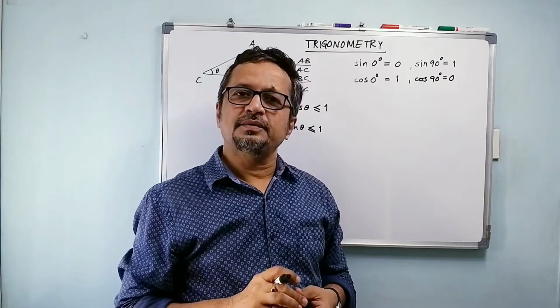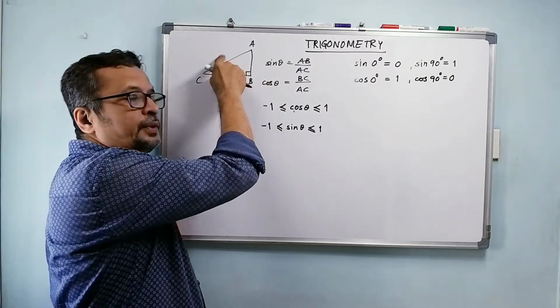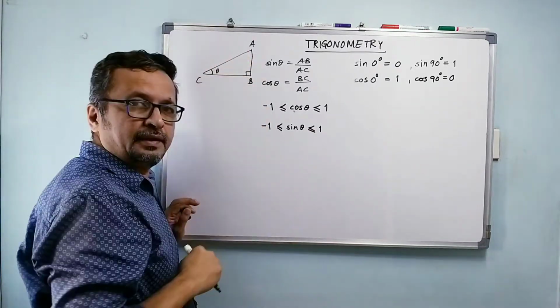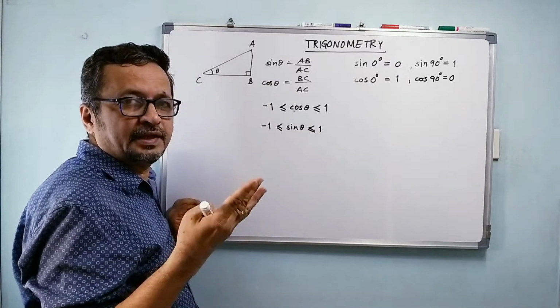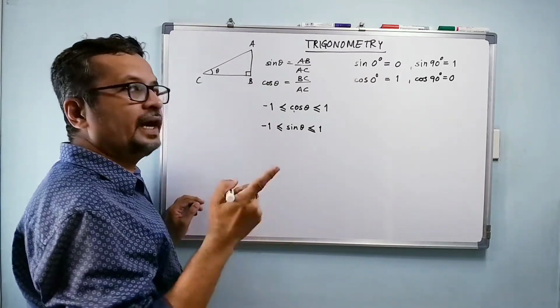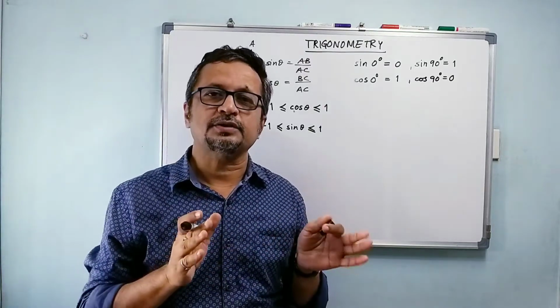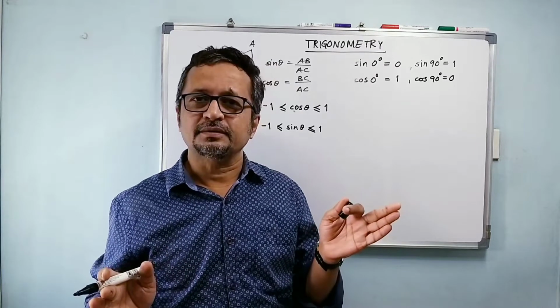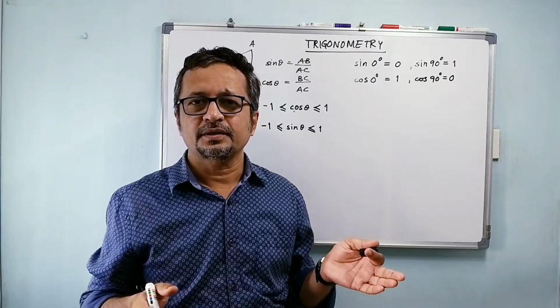Now again, there is one more reason. My hypotenuse in any right angle triangle is the largest side and the other two sides are definitely smaller than the hypotenuse, and that is the reason why my sine theta and cos theta are always going to be less than 1, because the denominator is greater than the numerator, correct?